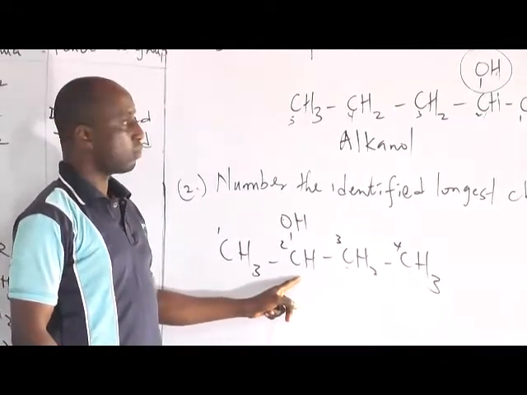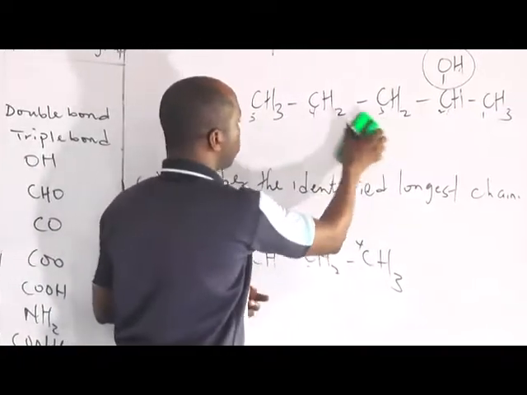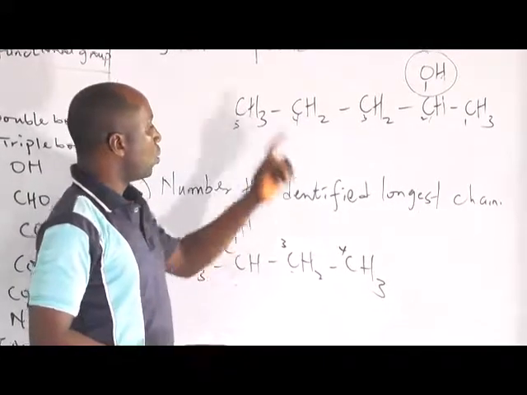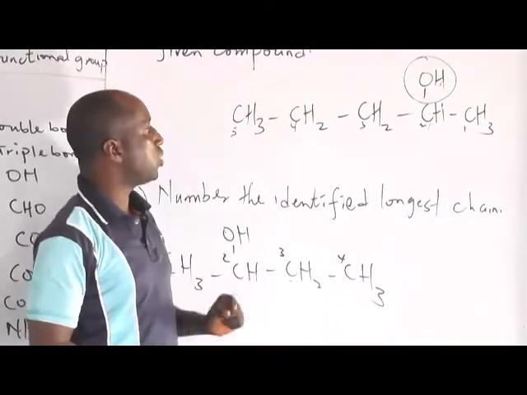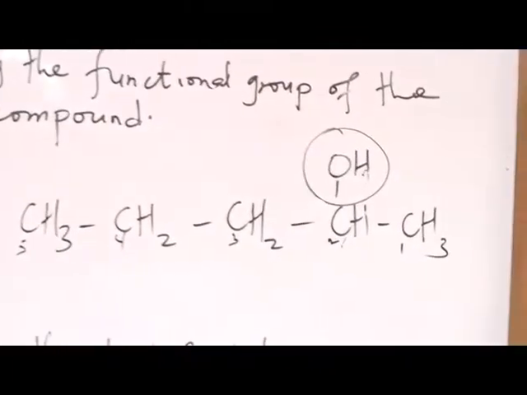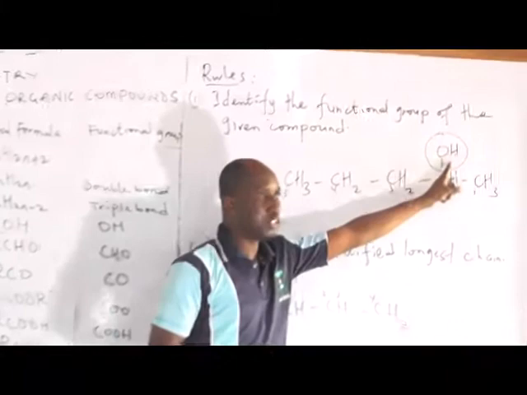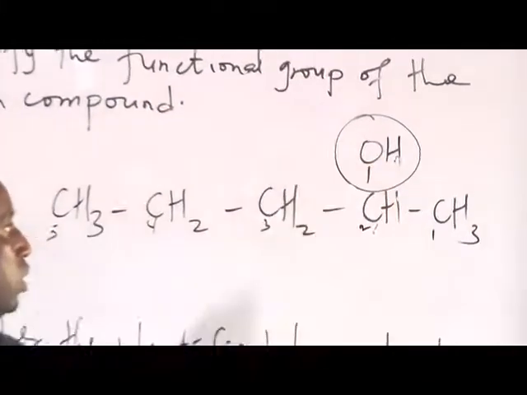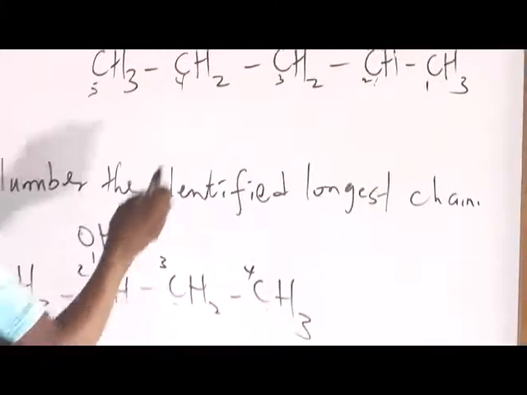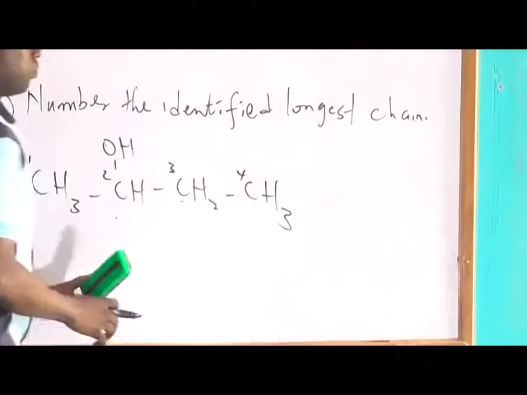Do you understand now? So, assuming now we want to give this one a name. Number 1, we have been able to establish that it belongs to the alkanol family because of the presence of the OH hydroxyl group there. Now, 2, we have been able to say that yes, this OH is attached to carbon number 2.